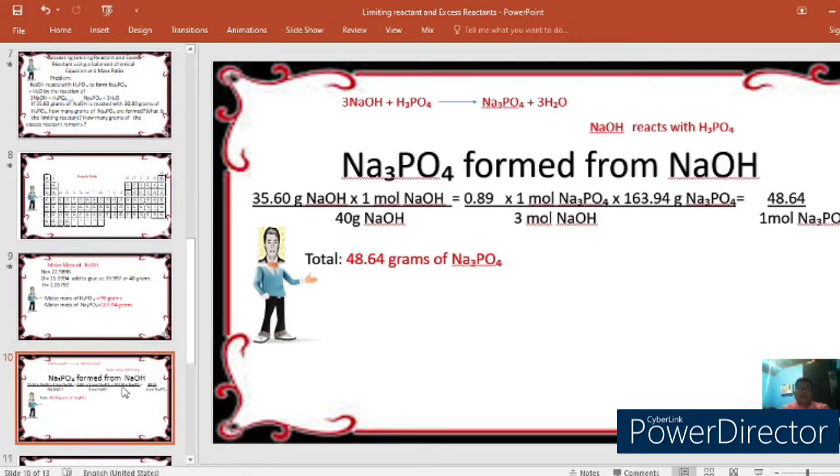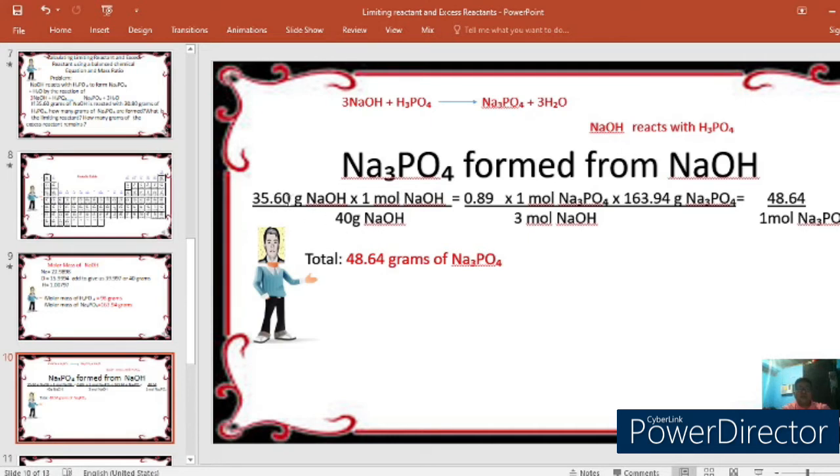Sodium phosphate formed from sodium hydroxide. So 35.60 grams of sodium hydroxide times 1 mole of sodium hydroxide divided by 40 grams of sodium hydroxide.